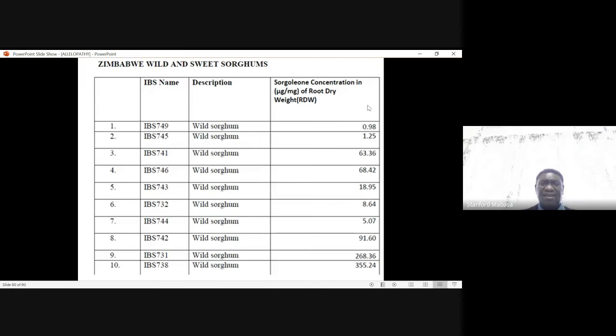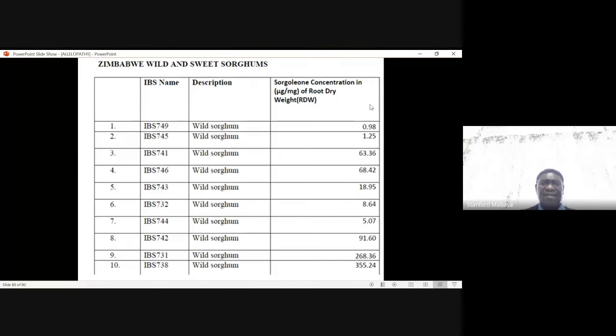You can see this sorghum here produces very little sorgoleone, but this one quite a lot. So this is some of the data he was getting.